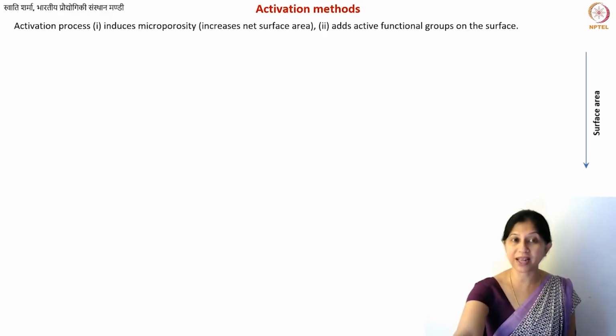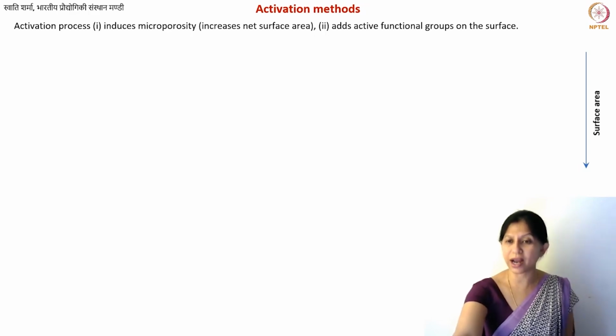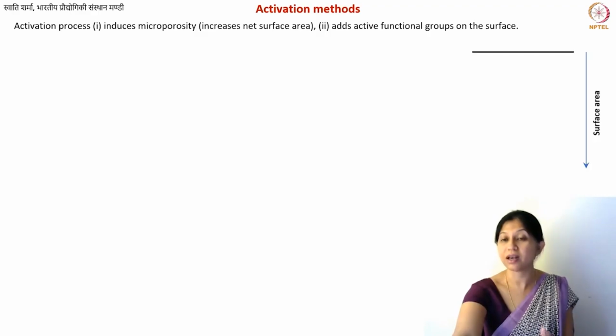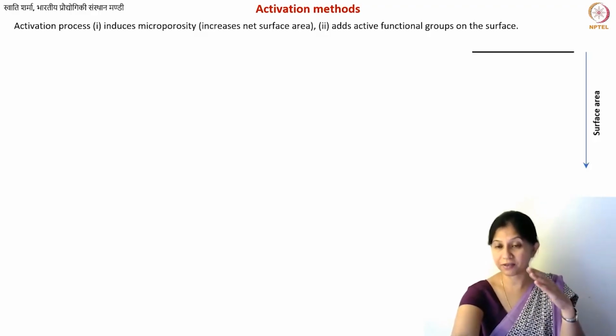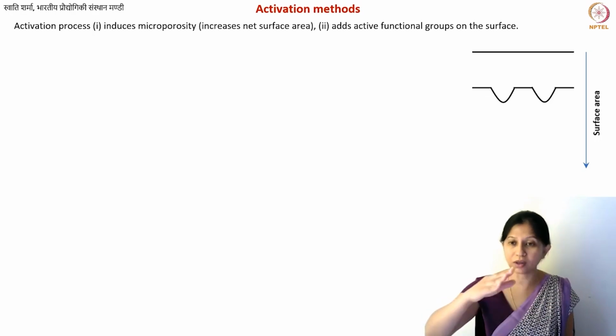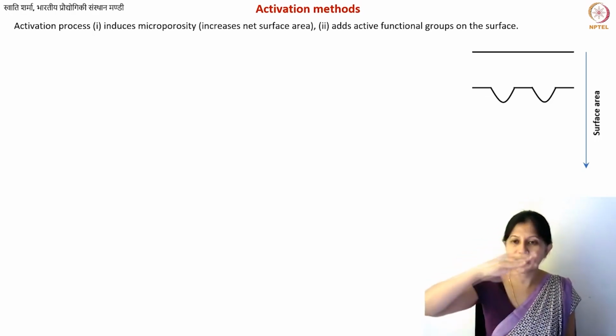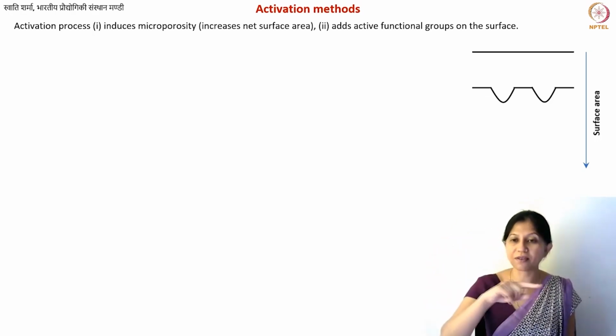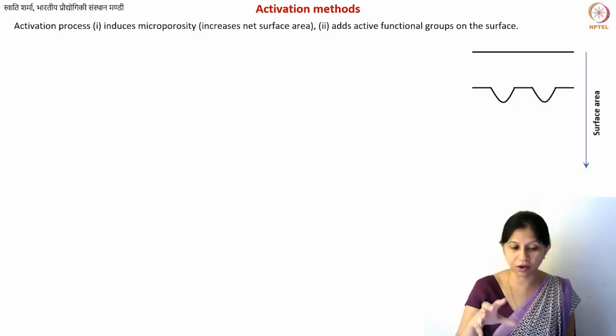Now, as I said, the microporosity or any kind of porosity is directly related to the surface area. This is something very easy to understand. Let's say this line is a very flat surface. The second one is a little bit rough surface. You can have holes, pits, or hill-like structures. Basically, you have certain roughness on your surface.